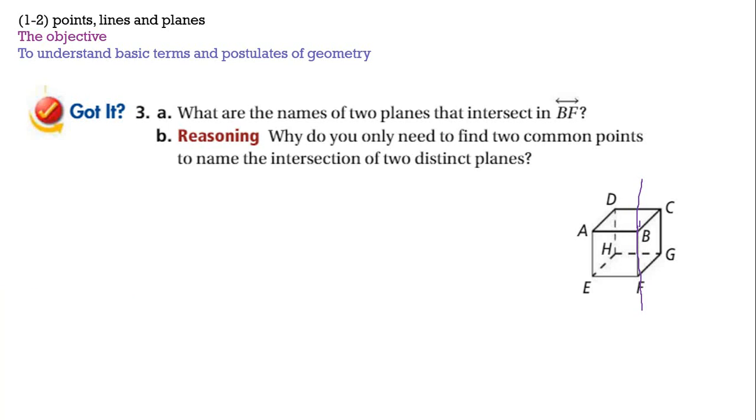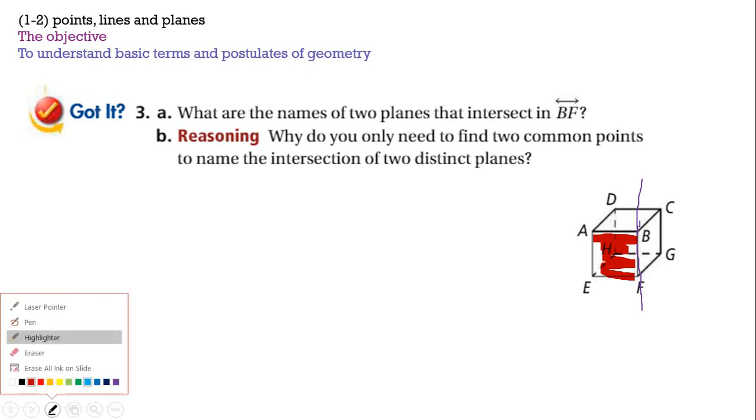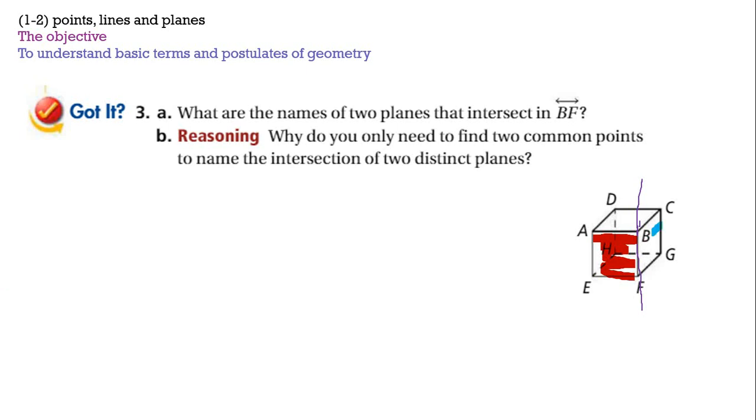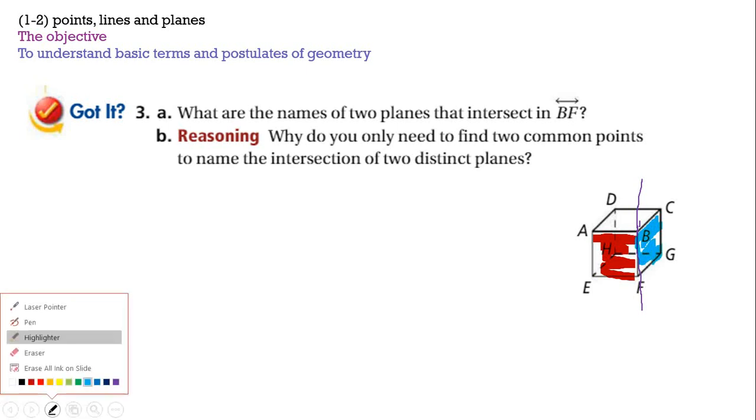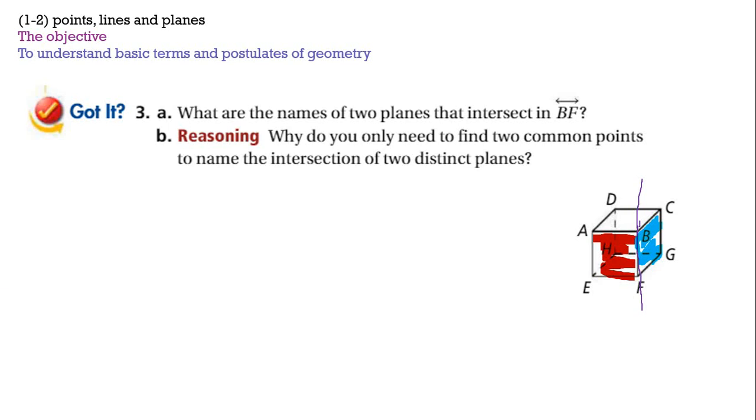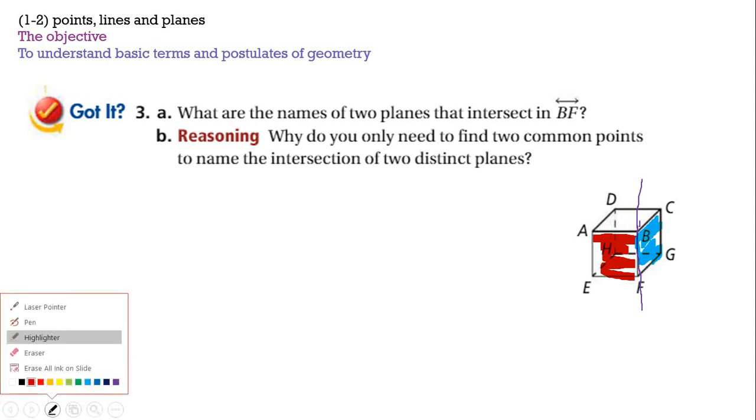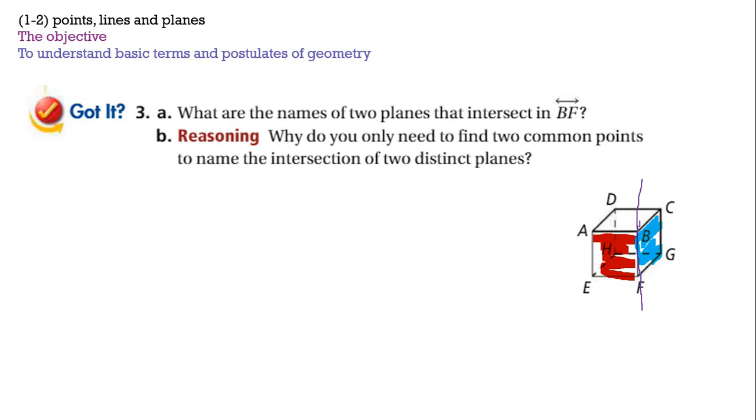So the first one is this one. The second one is this one. Then we can write them as we mentioned in the beginning of the lesson. How can we write a plane? By writing 3 points that lie on the same plane.